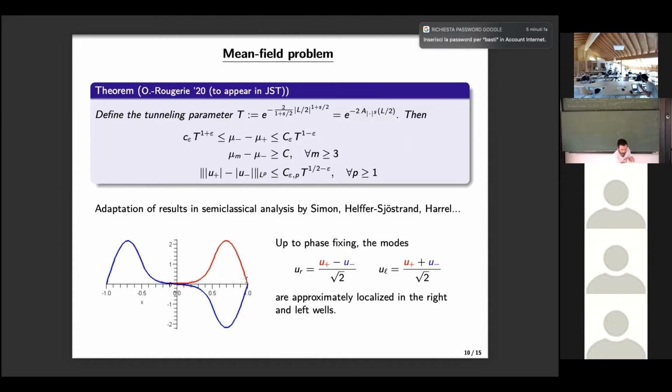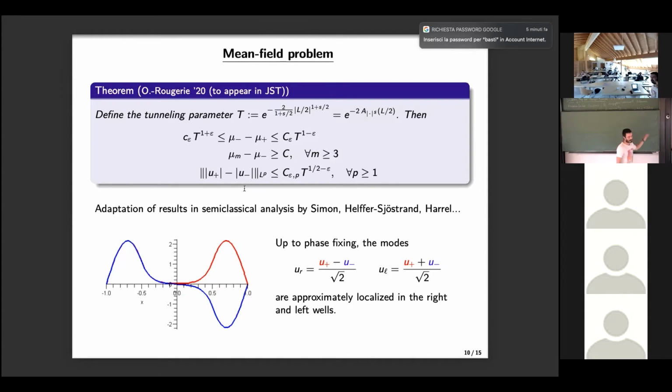They decay, but my picture is bad. And so it is maybe not super surprising that if I take a linear combination with the plus and the minus, one will be in the right well and one will be in the left well. Because the profiles are basically the same, and only the sign changes in one of the two wells.